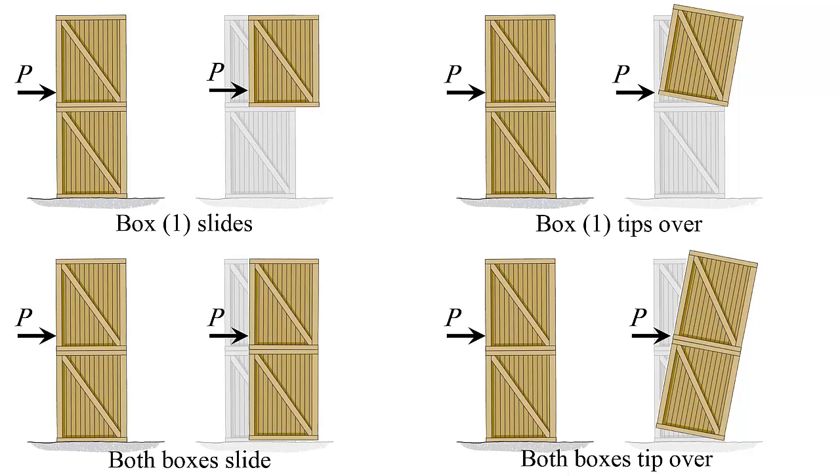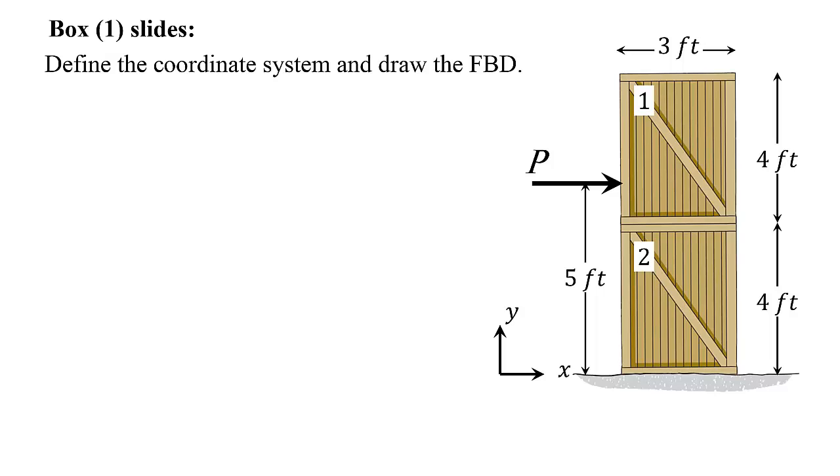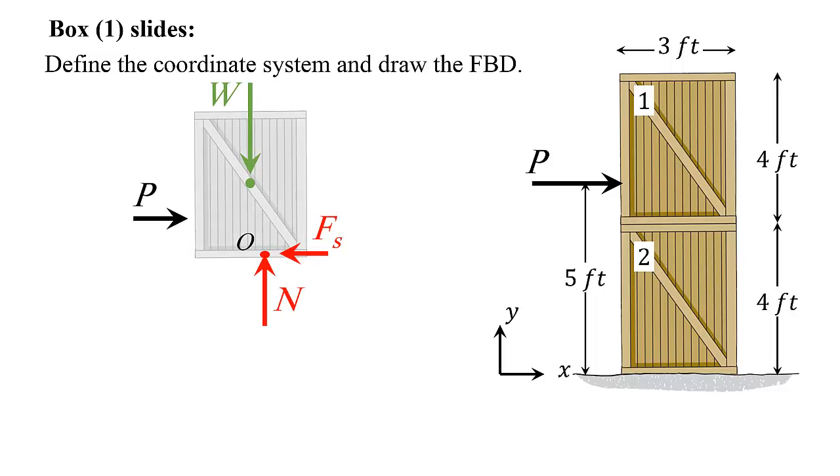Let's take a look at the first case. Box 1 slides. Alright, again, define coordinate system and draw the free body diagram. In this problem, the coordinate system is easy. It's the regular XY direction. So this is the box, these are the forces.